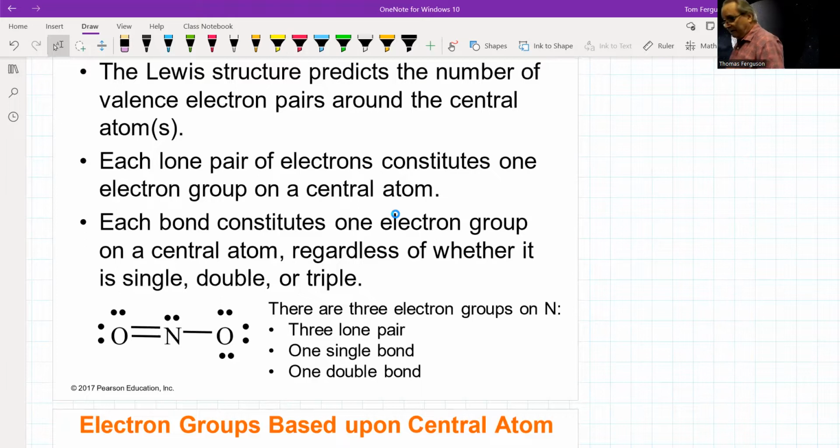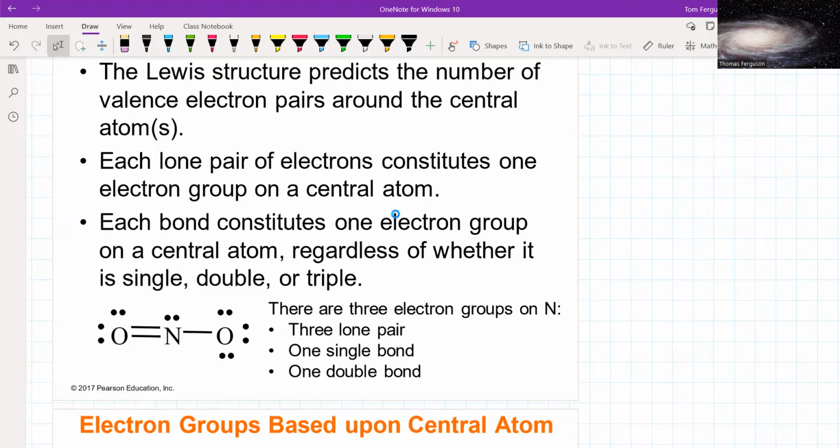All right, everything talks about central atom this, central atom that. So you need to be able to look at a molecule, and the first thing is to determine how many central atoms are in that molecule, because that's where you do the analysis. Just because this molecule has 3 atoms, it only has 1 central atom.